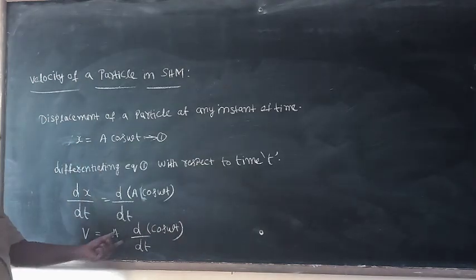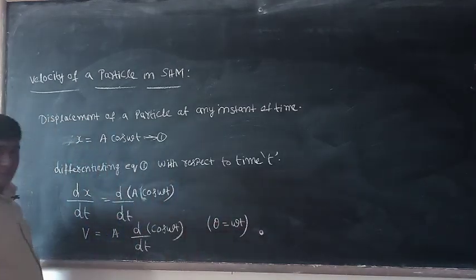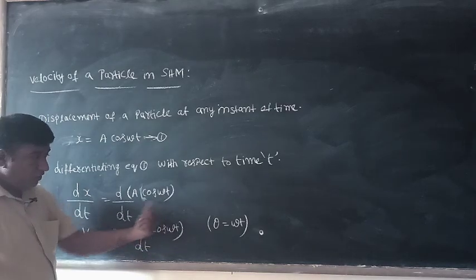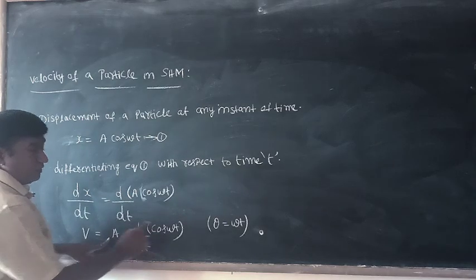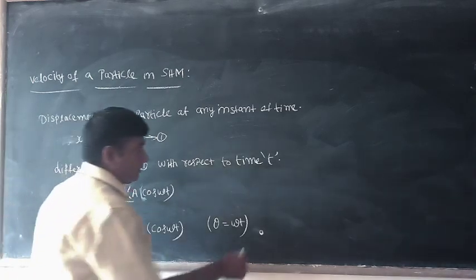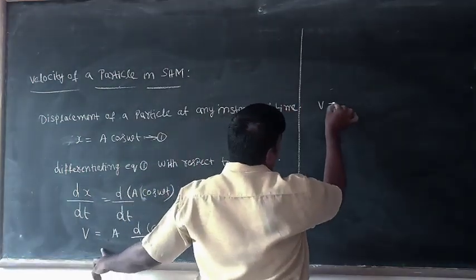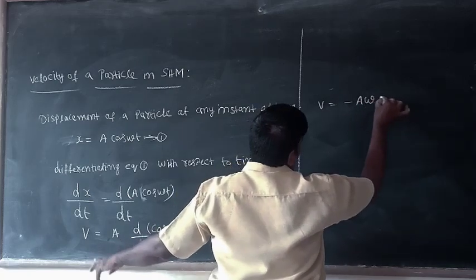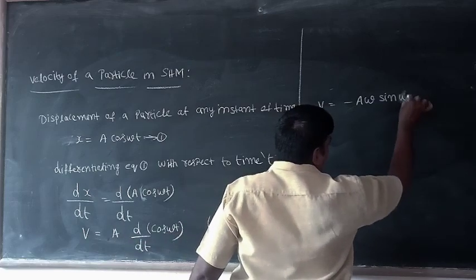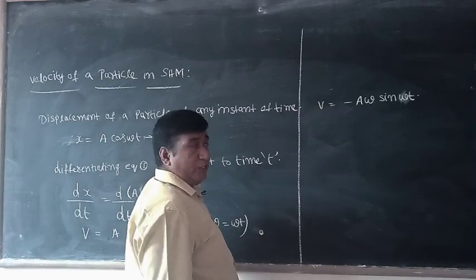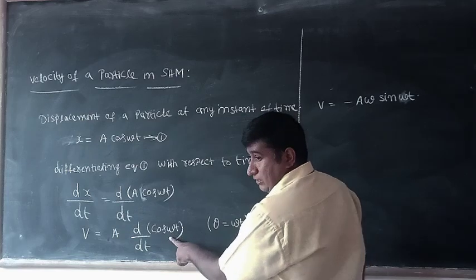In differentiation, take theta equals omega t, which you have already studied in mathematics: v equals a d by dt of cos theta. So we get v equals minus a omega sin theta, or v equals minus a omega sin omega t.